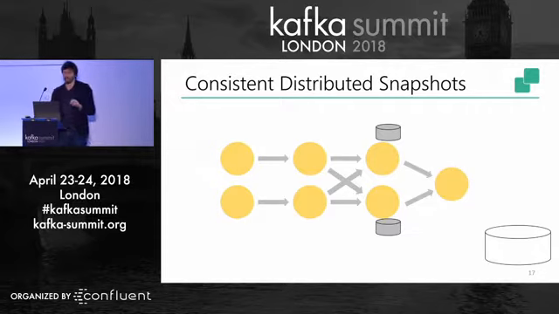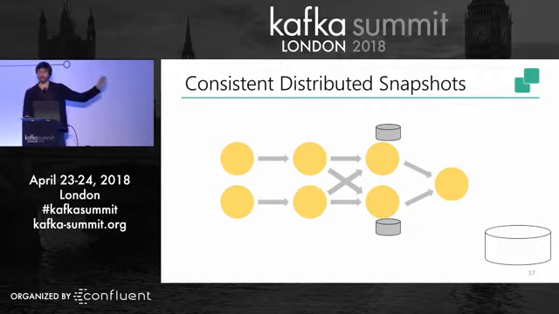So what you need to do is, if each one of those operators wants to be able to take this memory image, how do we do that? We could try to make each stage individually replayable, or we could do the snapshots in a consistent distributed manner.